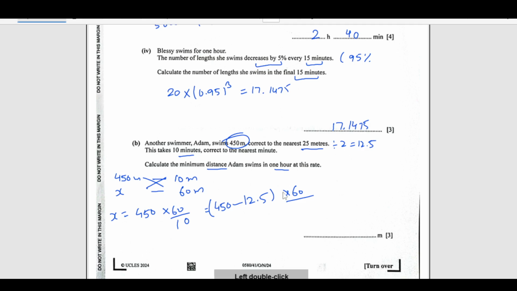Then for the 10, to make the minimum distance we have to take the upper bound of this. The upper bound of 10 minutes to the nearest minute is 1 minute divided by 2, which is 0.5 minutes. So this will be the upper limit: 10 plus 0.5 is 10.5, right? So just calculate. We are going to get 2500 meters, right?